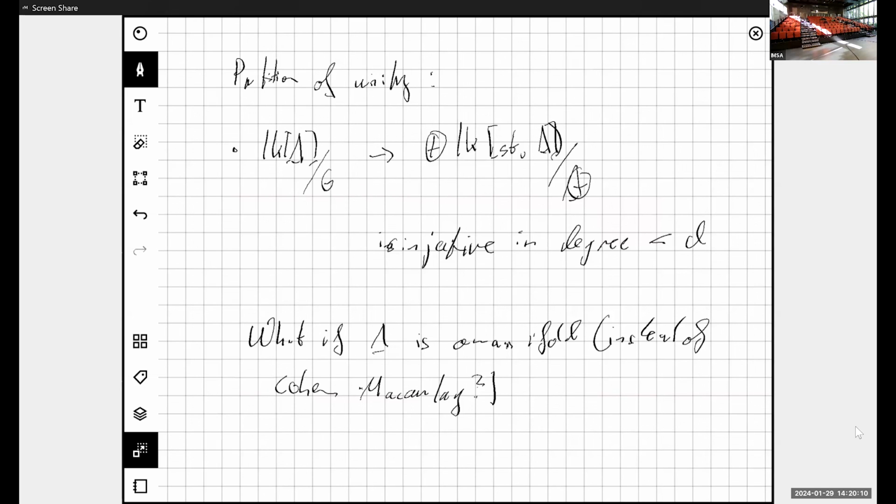So manifolds are so-called Buchsbaum in particular. And again, this is the algebraic way of saying it, but this is just saying locally Cohen-Macaulay.